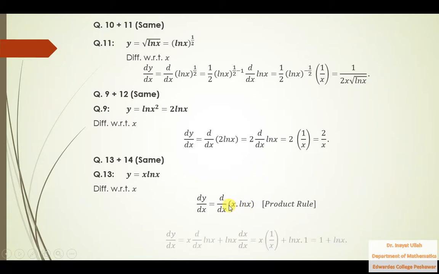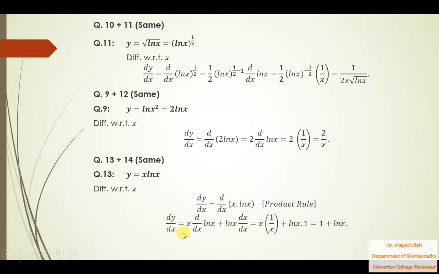Applying the product rule here, that is first function into derivative of second function plus second function into derivative of first function. Now the derivative of log of x is 1 by x and the derivative of x is 1. So cancelling this x from here, that will become 1 plus log of x. So 1 plus log of x is the derivative of this function x into log of x.